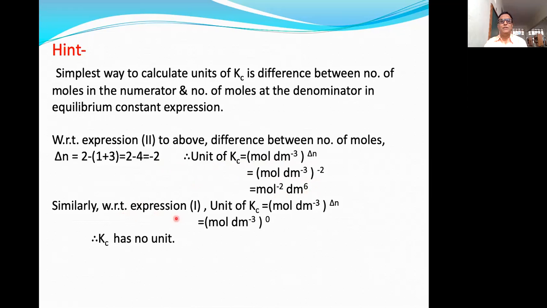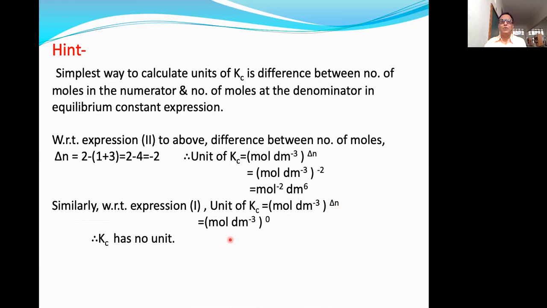Similarly, with respect to expression 1 in the last slide, you can write the unit of Kc as equal to, in bracket, mole dm raised to minus 3 raised to delta n. What is delta n for that reaction? Delta n is 0.